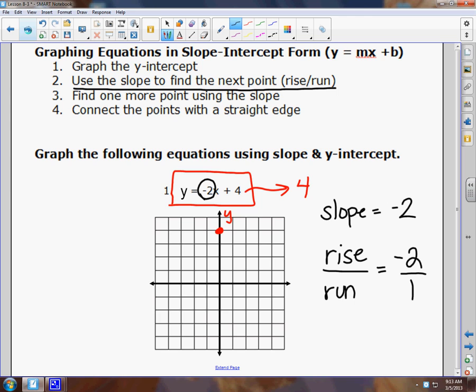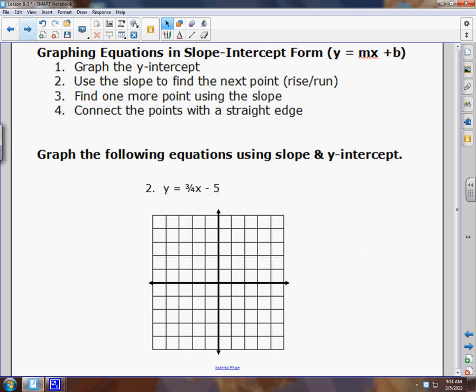So from this point, I'm going to run 1, and then I'm going to rise -2. So that means I'm going to go down 2. So that's how I do my rise over my run. And then I connect my 2 dots, and then I draw my line.